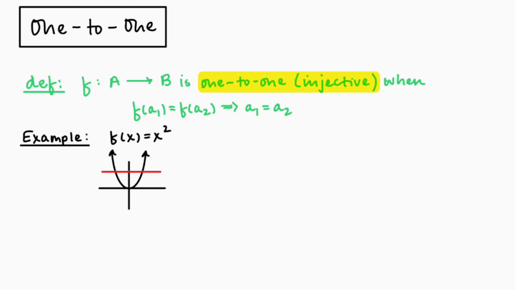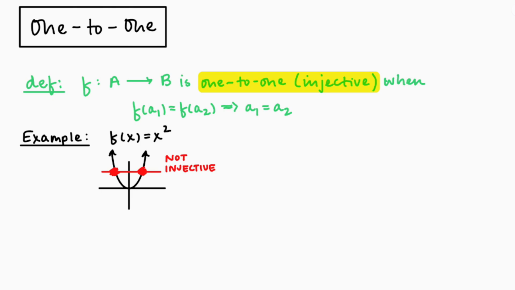So if we run a horizontal line through this parabola right there at a positive y value, we're going to intersect the curve at two places. That means we had a repeated output. Okay, f of 2 is the same as f of negative 2. That means that this function f is not injective, right? Because we had repeated outputs.